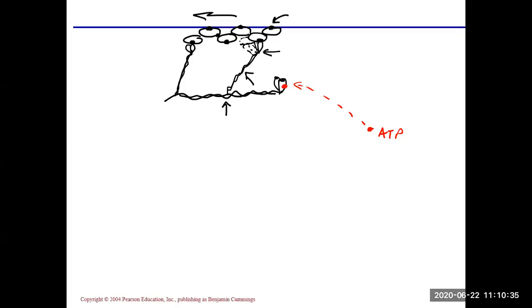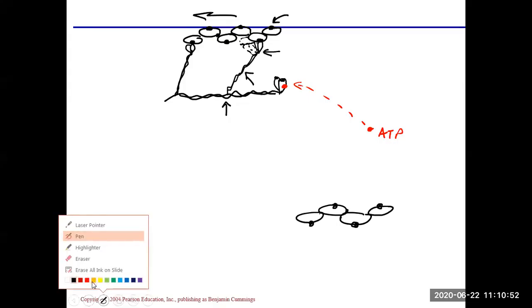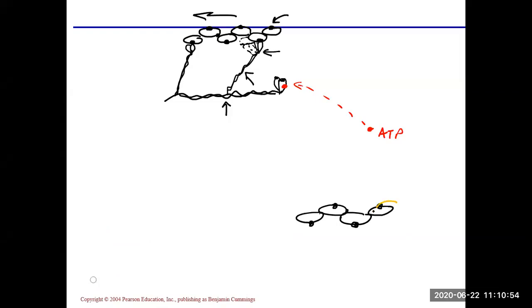However, they cannot just bind in here, because normally the actin filament binding sites are blocked. These are the binding sites, and they are blocked by another protein known as tropomyosin.